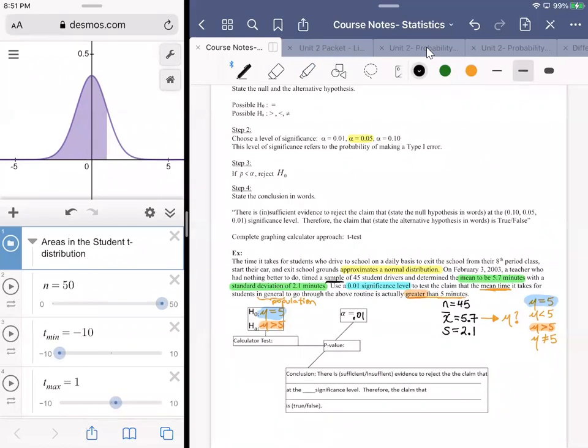So the t-score, I'll just jot it down up here, t-score is going to be equal to t equals x bar minus mu divided by s divided by the square root of n.